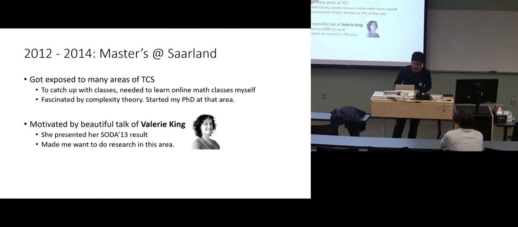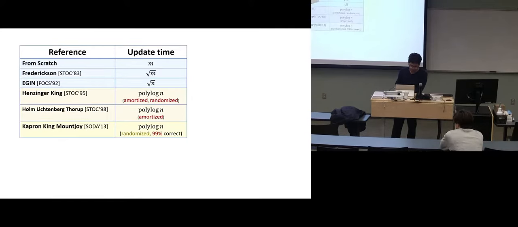But then I had a chance to listen to this talk by Valerie King. What she did is she presented her paper, and the talk was so cool actually. I still kind of remember, and it made me want to do research in this area. So what's the talk about? It's basically this paper.